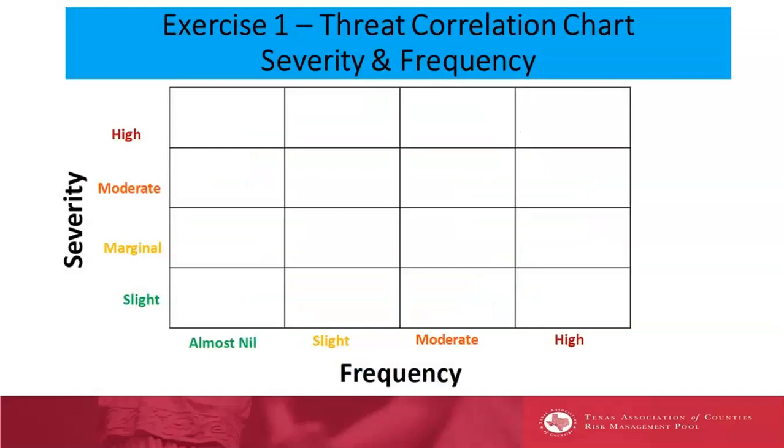And then frequency, how often does that happen? Again, almost never, slight, to high. And this would be the time, if you had thought about some threats before, you can just chart them at this time to give you an idea of maybe what threats to start focusing on.